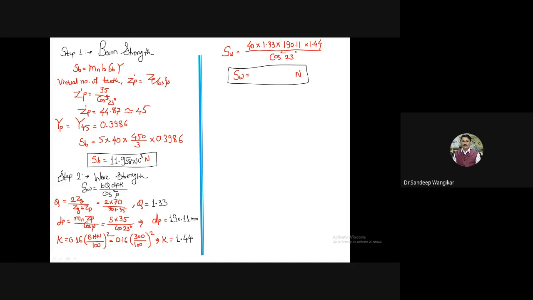Tell me the value for SW. 17188. Okay, so I will check value 17.18.